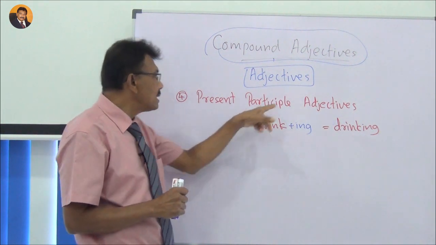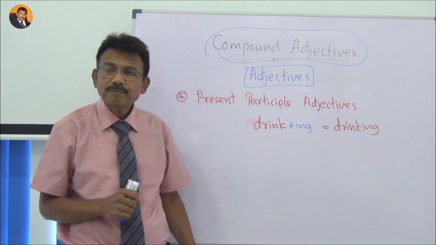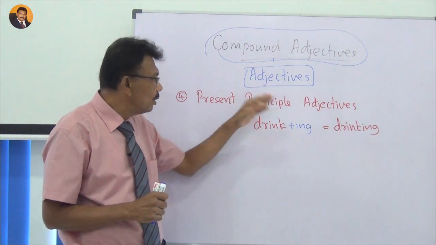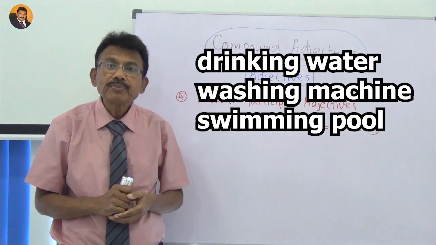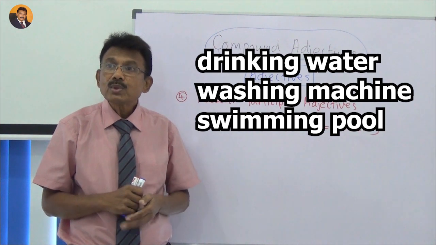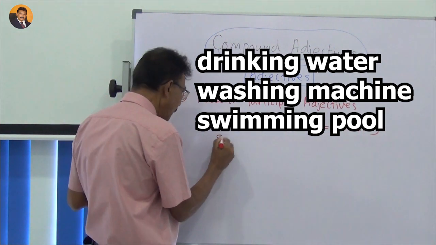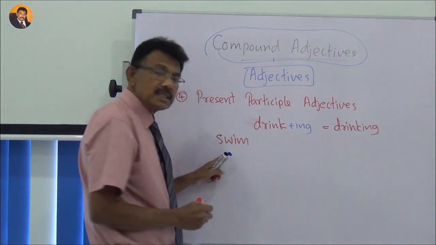Okay, so present participle adjectives, the ing form is called present participle, right? So, drinking water. What other things? Washing machine, swimming pool. So there are loads of things you can write. Now you know swim. Swim is a verb.